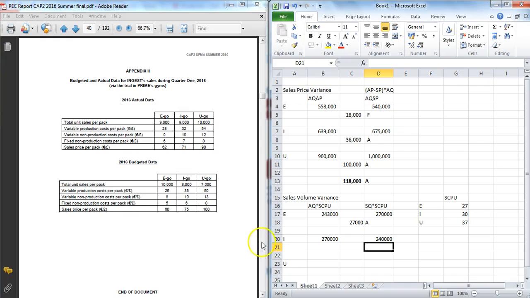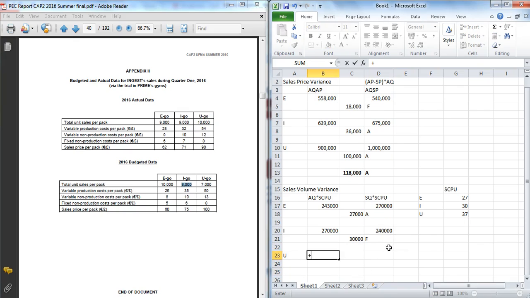In this case, the difference is 30,000. Again, pause and ask yourself, is that a favourable volume variance or adverse? Did we sell more or less than expected, and will that boost or take away from profits? You only expected to sell 8,000, you sold 9,000, so you sold 1,000 extra units at a budgeted contribution of 30 per unit. So that is favourable.